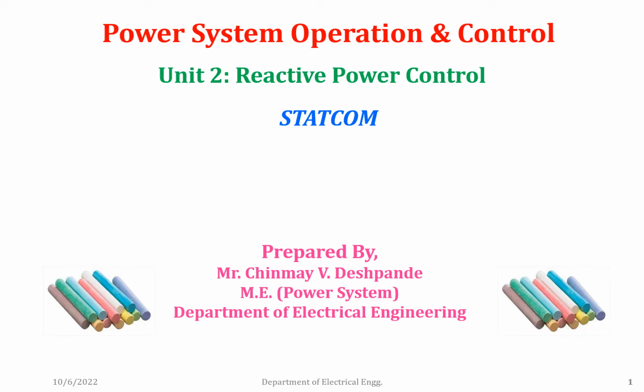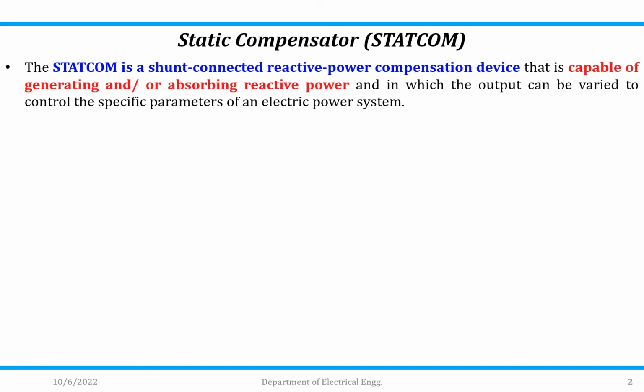In this video lecture, we are going to discuss a topic from reactive power control, and the name of the topic is STATCOM. STATCOM is nothing but a static compensator. It is a shunt connected reactive power compensation device which is capable of generating and/or absorbing reactive power, and in which the output can be varied to control specific parameters of an electric power system.